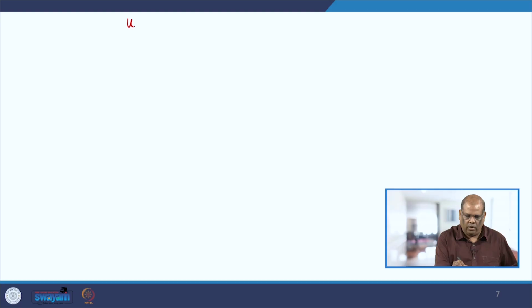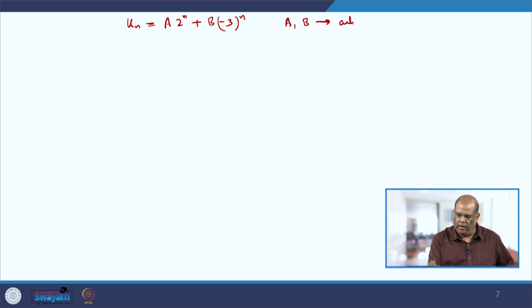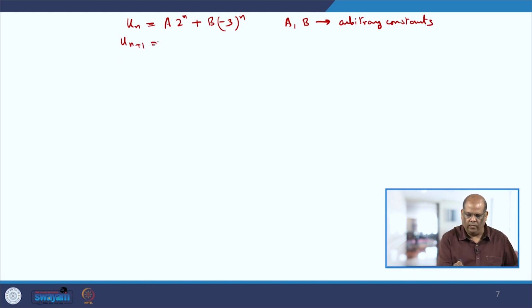We now take another example. You have u n equal to a 2 to the power n plus b into minus 3 to the power n. We have to obtain the difference equation by eliminating the arbitrary constants a and b. So, first write u n plus 1, which is a 2 to the power n plus 1 plus b into minus 3 to the power n plus 1.